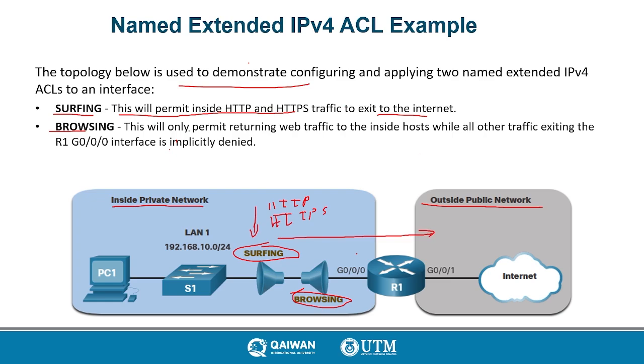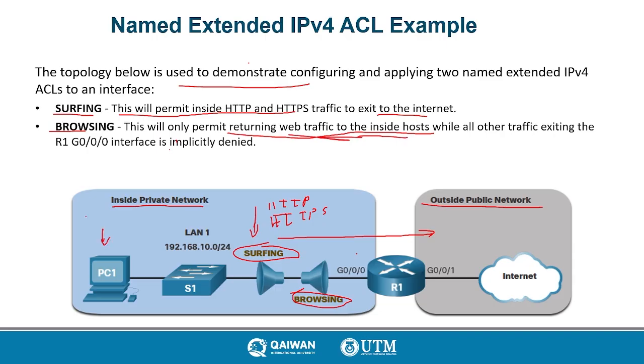However, BROWSING will only permit returning web traffic to the inside host, while all other traffic exiting the interface is implicitly denied. So it will only permit what? Returning web traffic to the inside host. It will not allow anything else, just web traffic to the inside host.